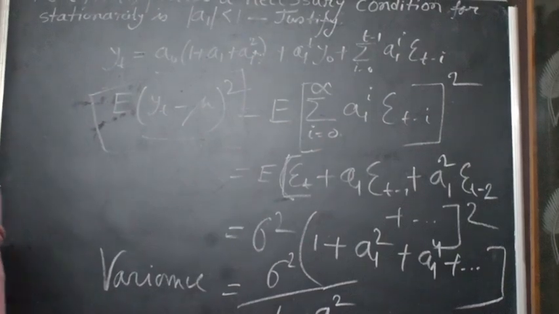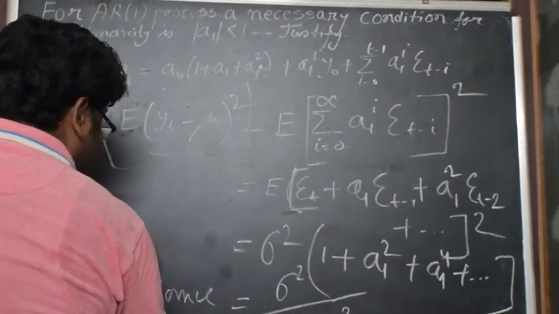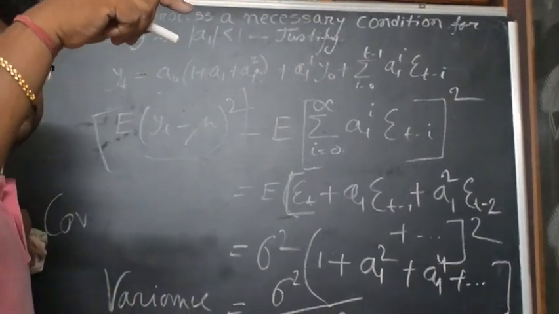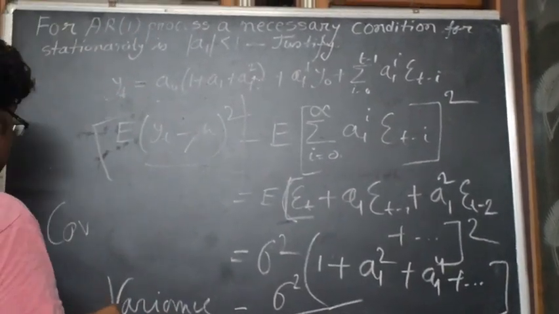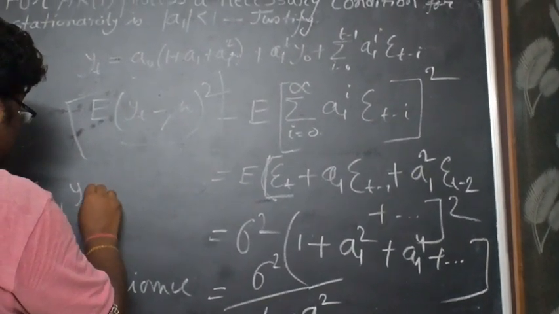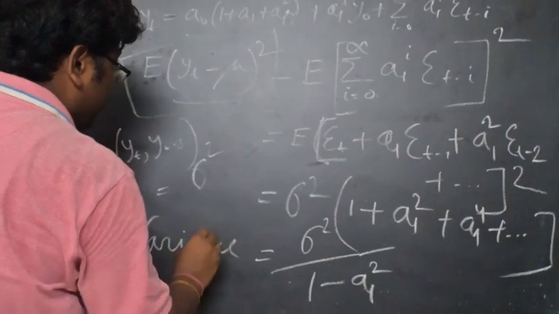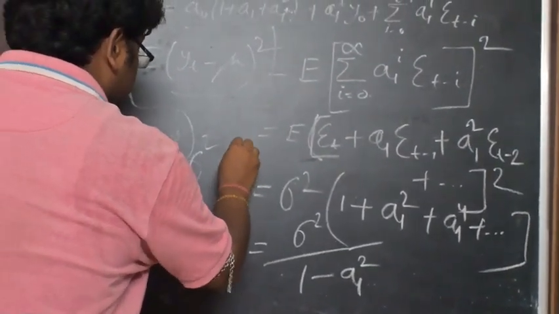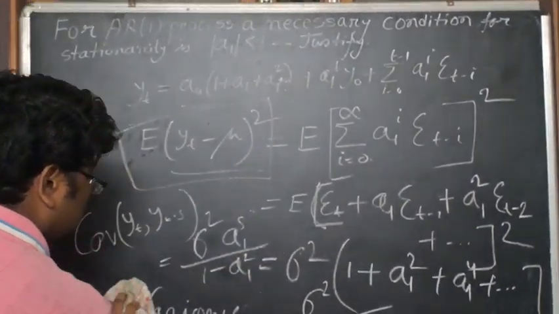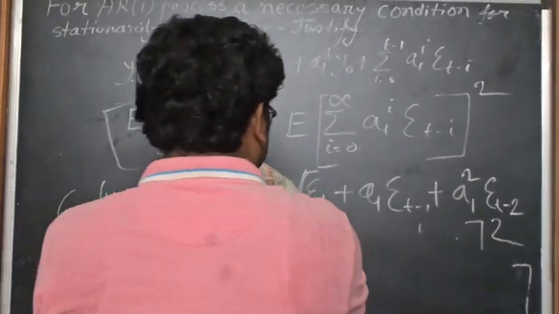In the same way, the covariance, which is placed in the numerator of the correlation coefficient, you can write as the covariance of yt and yt minus s, and it is nothing but sigma square a1^s divided by 1 minus a1 square.